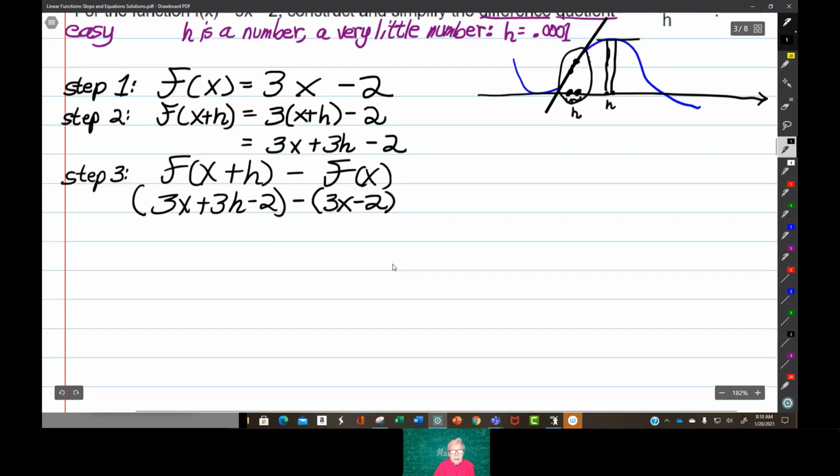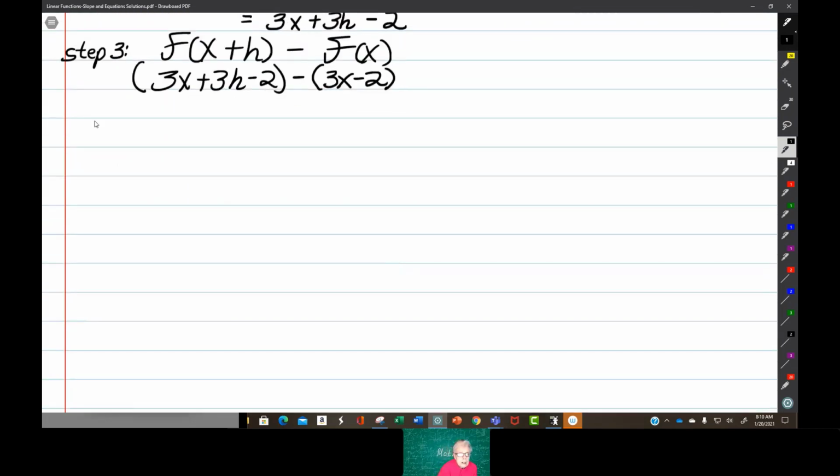Now let's work that out. I will have 3x plus 3h minus 2. Now, minus is like, okay, I have to distribute the negative sign into this set of parentheses. This is positive 3x. Negative times positive is negative. So this will be minus 3x.